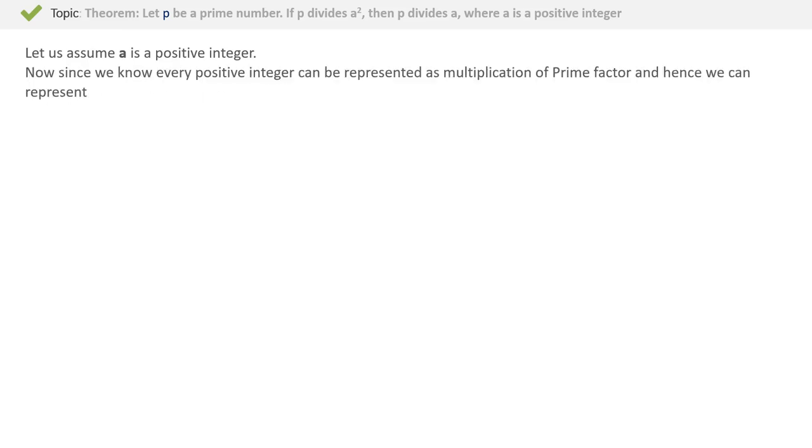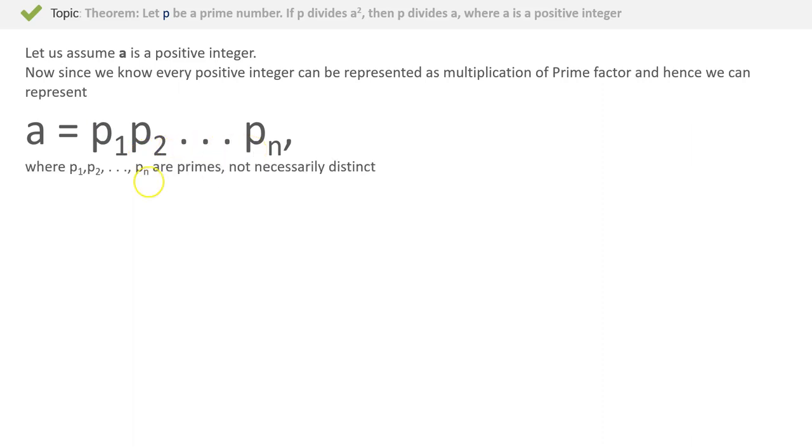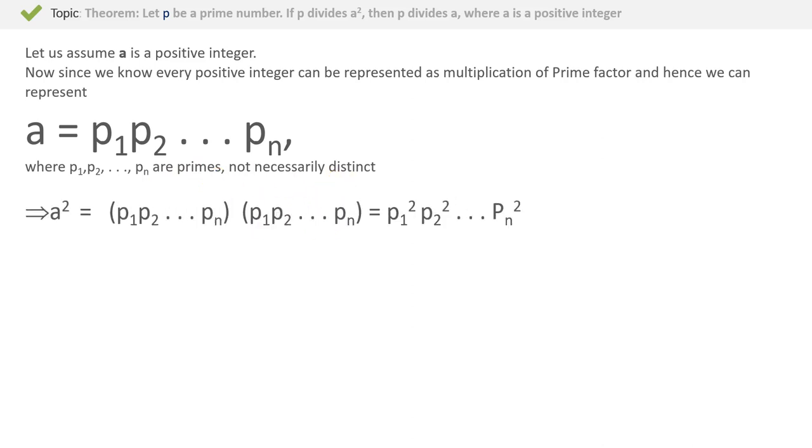Since we know every positive integer can be represented as a multiplication of prime factors, we can represent a as p1 into p2 up to pn, where p1 to pn are all primes and not necessarily distinct.